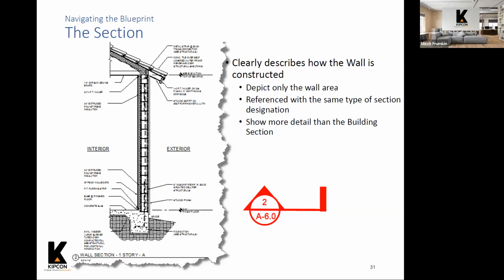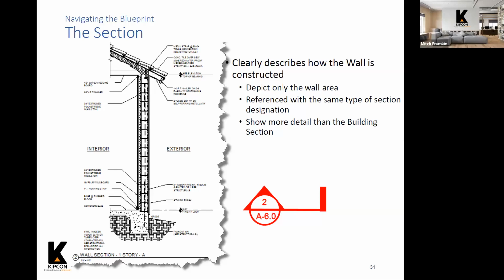It will call out some materials that are used in the facade, and this one also has some material information about the inside of the wall, the interior of the wall assembly. It will give us a general overview of where these materials are situated, and it'll show how materials are layered.